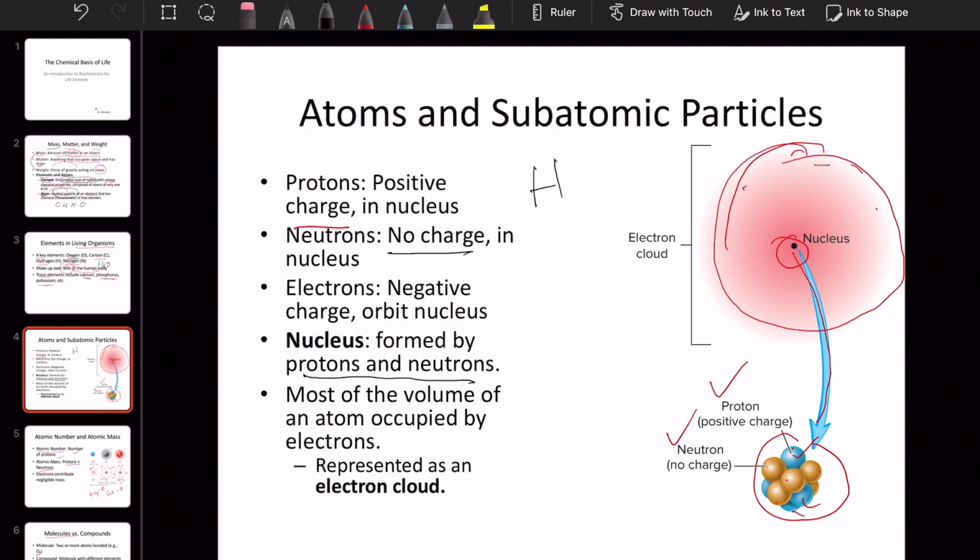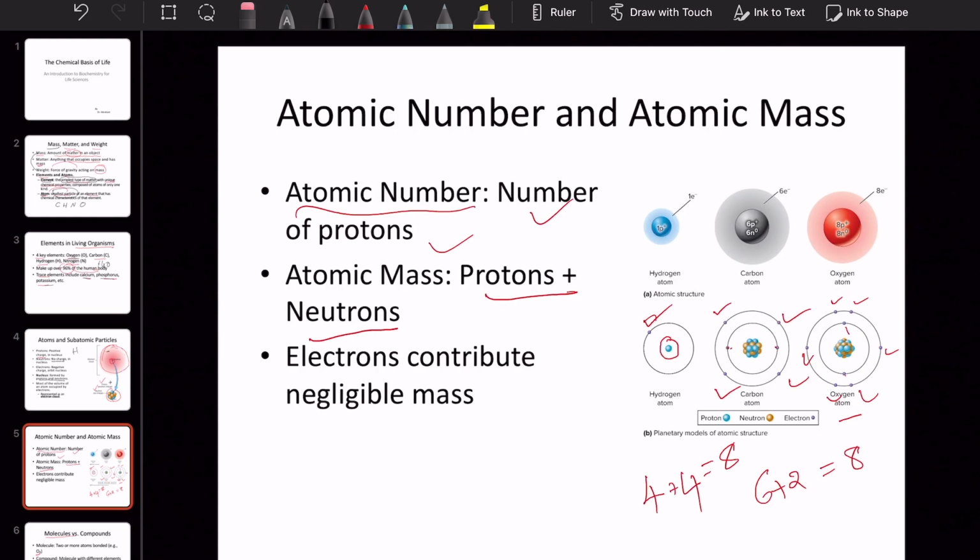A neutron doesn't have any charge. A proton has a positive charge. An electron has a negative charge. The next thing we're going to see is atomic number and atomic mass. The atomic number of an atom or element is the number of protons, only looking at the protons.